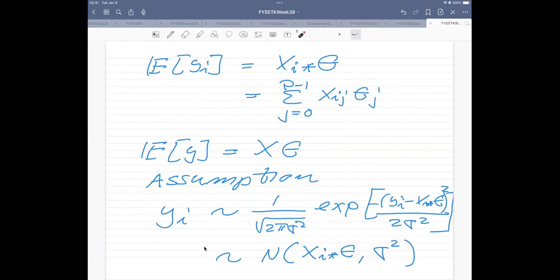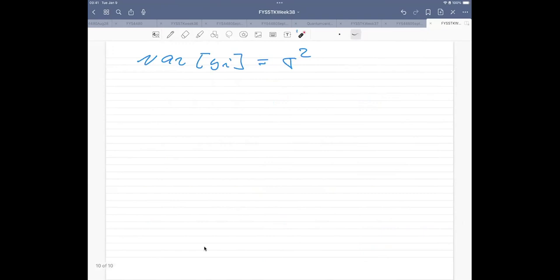Then we make the assumption that y follows a normal distribution, but with a mean value which is not 0 anymore. So what does that mean? Can we actually derive the ordinary least squares equation from such an expression? This is something which Gauss did back in the 1850s, I think. So the question now is, let's assume that y follows that distribution.